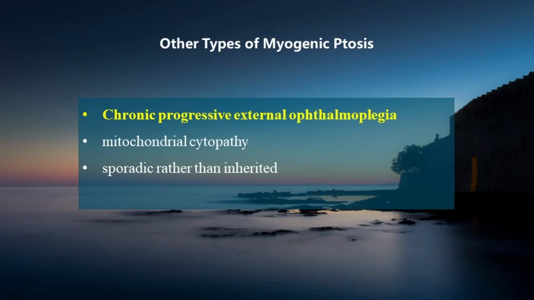Chronic progressive external ophthalmoplegia, one form of mitochondrial cytopathy, is a slowly progressive neuromuscular disease that usually begins in midlife. Although it's associated with deletions in mitochondrial DNA, the disease is usually sporadic rather than inherited.